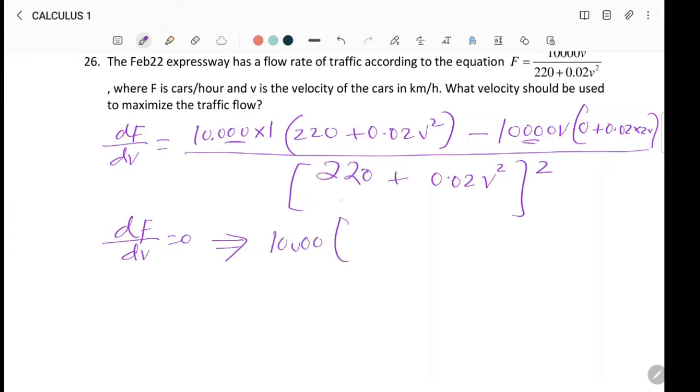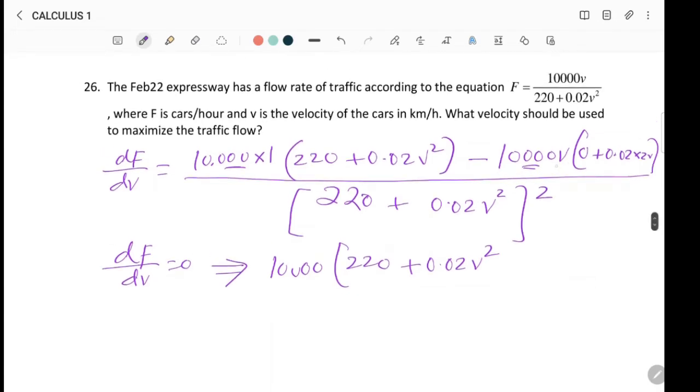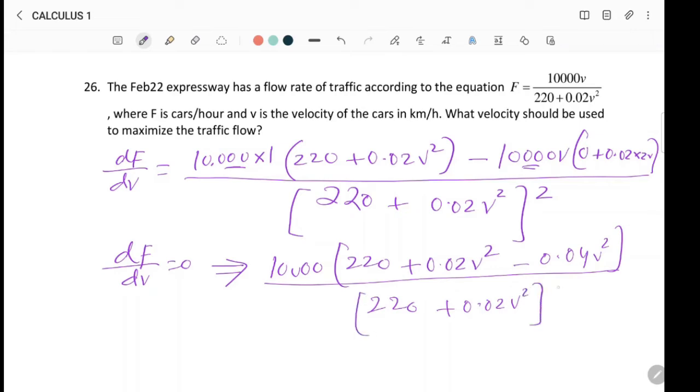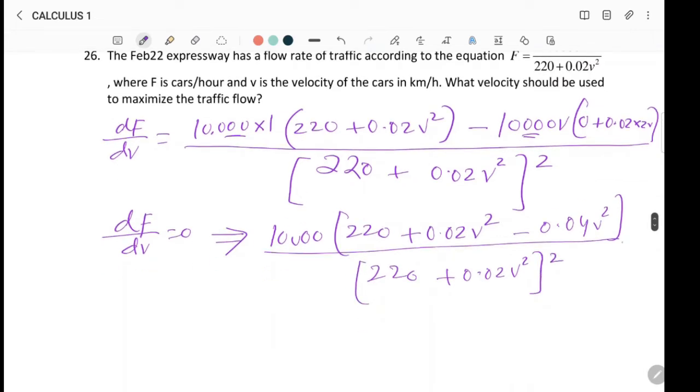So 10,000 we will take common: 220 plus 0.02 v square, and v is left, so minus 0.02 times 2, 0.04 v times v, that is v square, over 220 plus 0.02 v square whole square, and that should be 0.